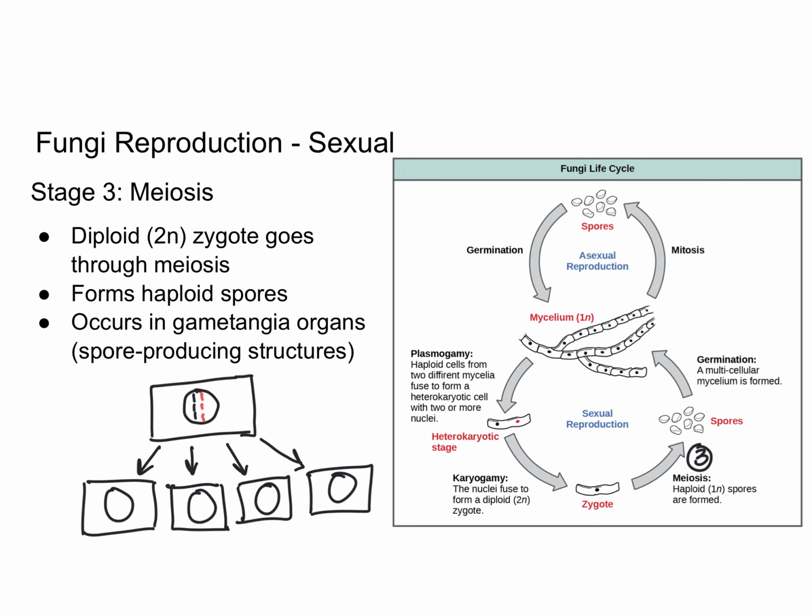But these daughter cells are going to be haploid. Remember, they originally came from a diploid parent cell.